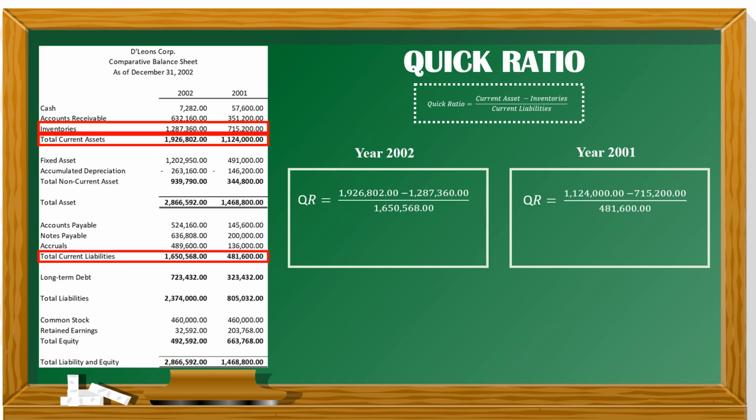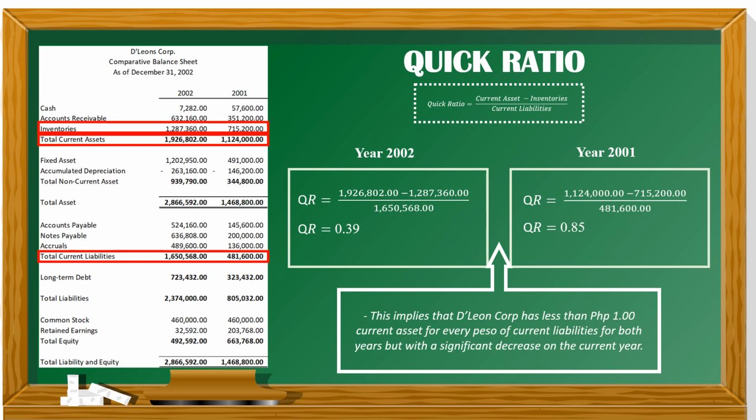Now in year 2001, we have 1,124,000 less 715,200 inventories divided by its current liabilities of 481,600. In year 2002, we have a quick ratio of 0.39, while in year 2001, we have a quick ratio of 0.85.